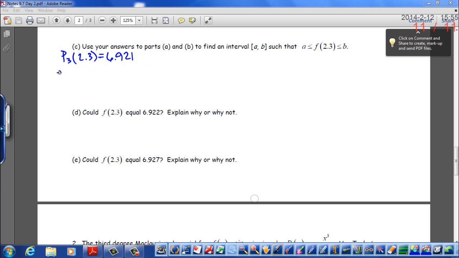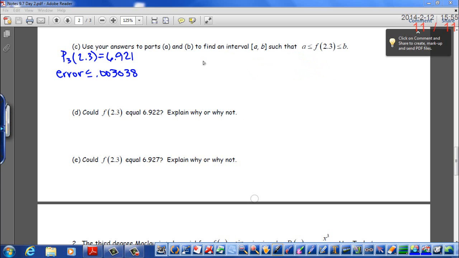And then in part B, we found that our error is less than or equal to 0.003038. So what this error number means is that I can go 0.003 in either direction from this approximation, and my actual value of f of 2.3 will fall within that range. And that's what it's asking for right here.